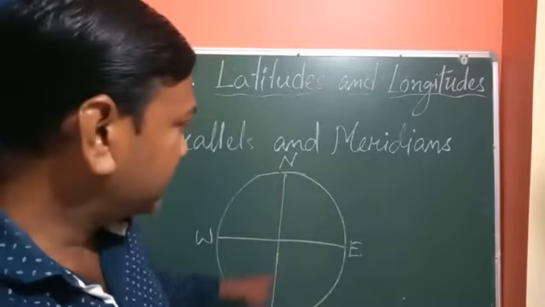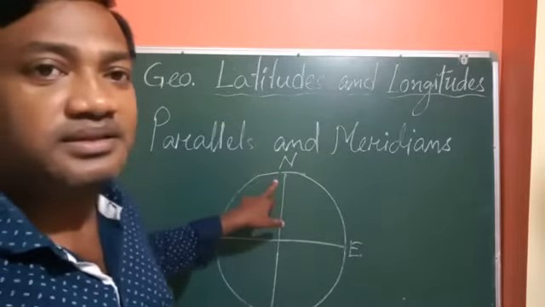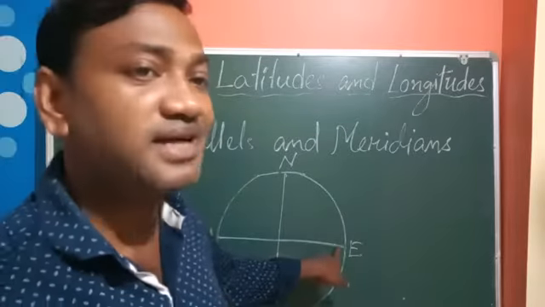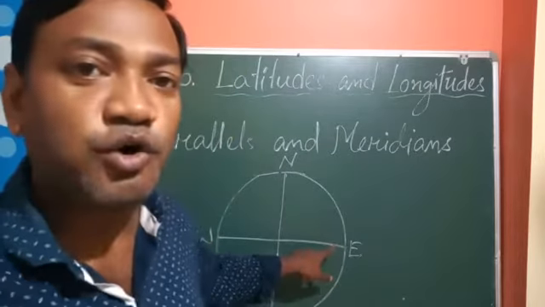So these two sides are a little flat, and these two sides are a little big, so it is like an orange.